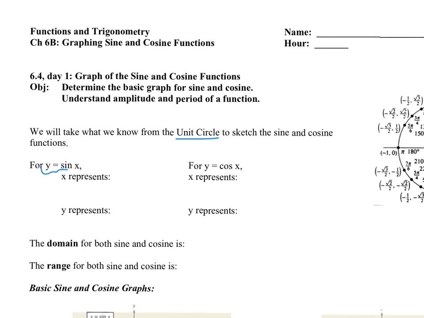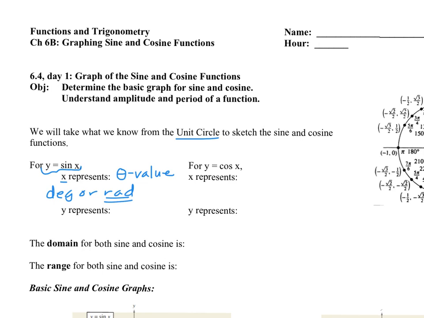For y equals sine x, x stands for your input, and the input is going to be your theta value. Our graphs aren't going to look like circles, they're going to be curves on a coordinate system. Now the angle can be measured in degrees or radians. More commonly than not, we're going to use radian measures to define the input value.